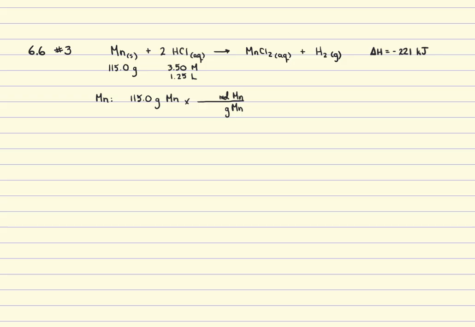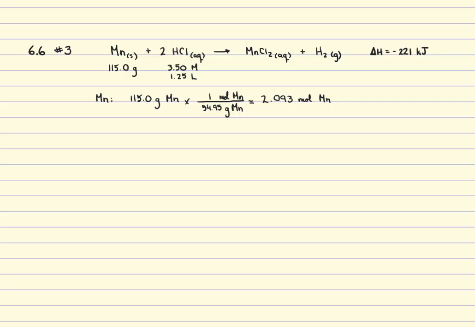When you consult your periodic table, you'll see that the molar mass of manganese is 54.95 grams in 1 mole. And when you do that calculation, you're going to end up with 2.093 moles of manganese. And this is what you're initially given in this case.